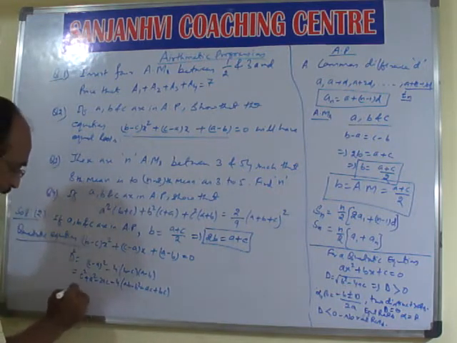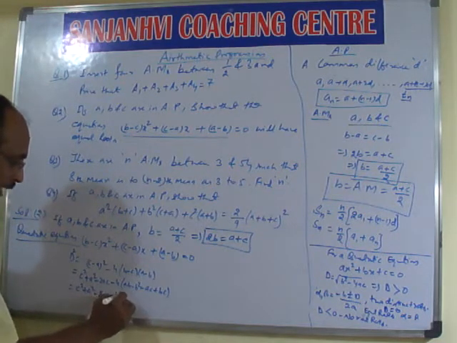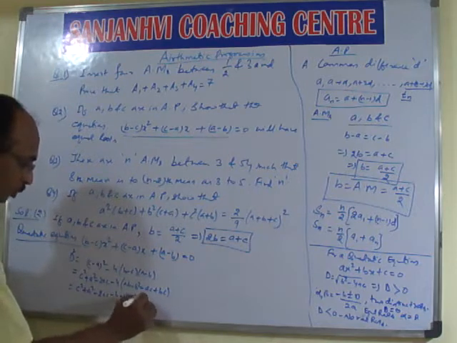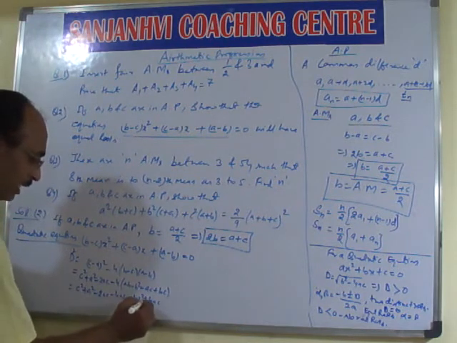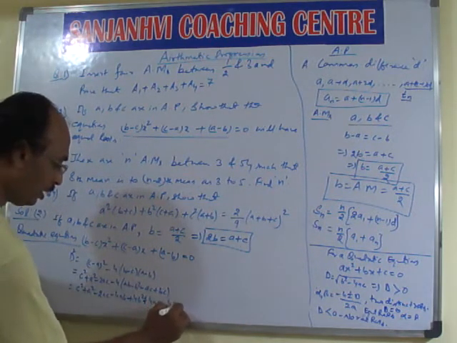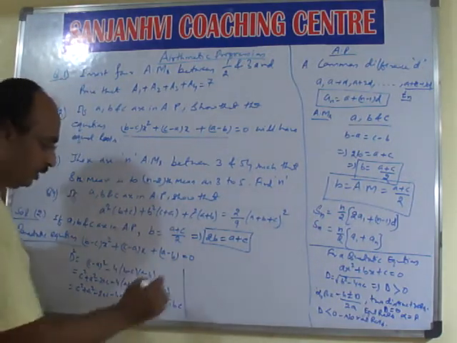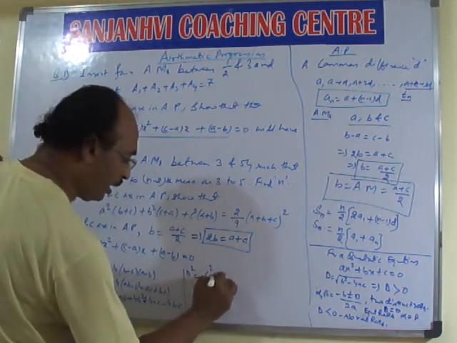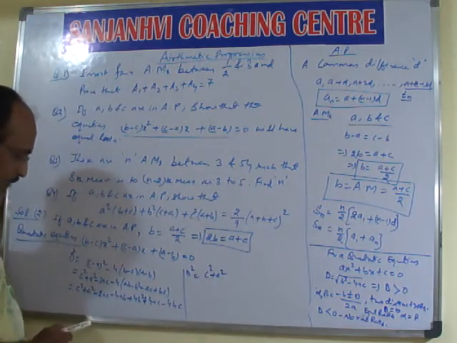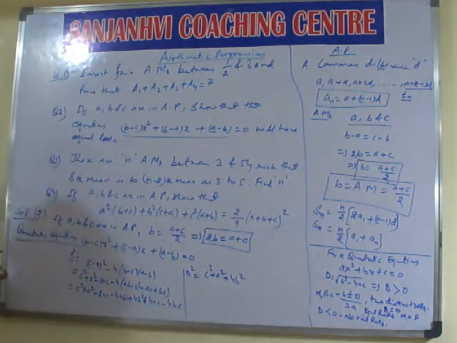Next we will be writing c square plus a square minus 2ac minus 4ab plus 4b square minus 4ac, minus into minus, plus 4ac, and minus 4bc. Right? Okay.